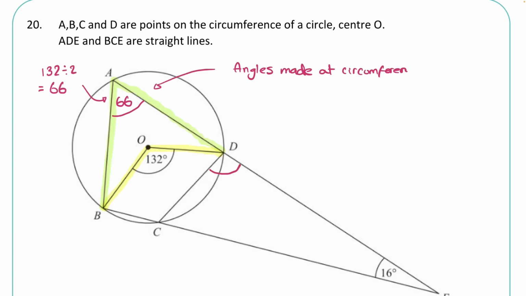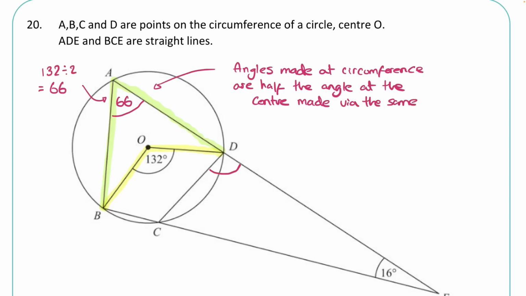But angles made at the circumference are half the angle made at the centre, made via the same 2 points, the same 2 points on the circumference. That's a very long explanation. There are different ways of saying a lot of these. So if you know another way, that is fine.